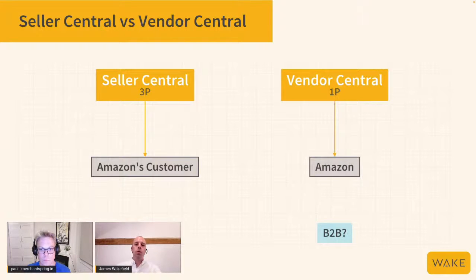Now, I'm not talking about the end customer that actually purchases the product, but more about the process and the operational relationship in terms of how you function as a business on vendor, in terms of receiving orders, processing shipments, dealing with payments, all that kind of thing.